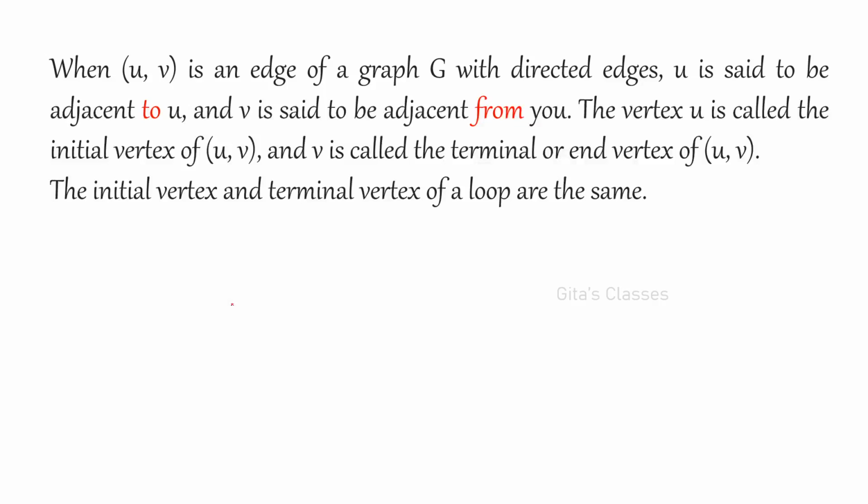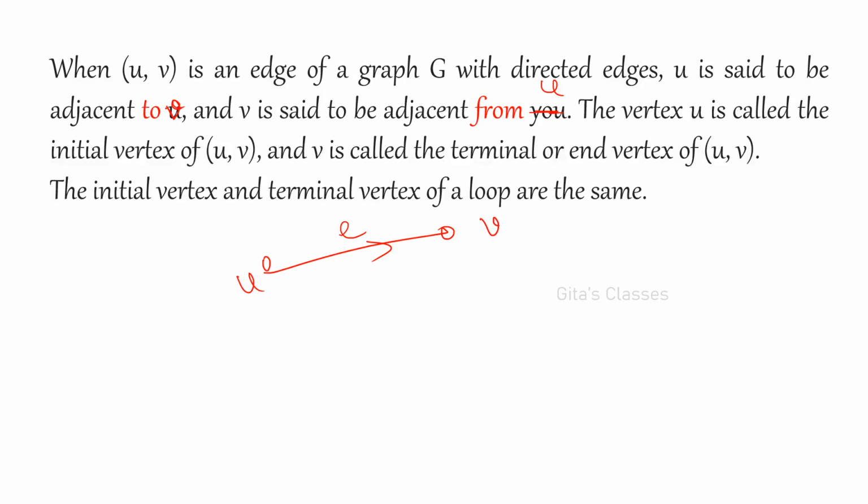Next, if (U, V) is an edge of a graph G, suppose you have an edge from U to V. We say that U is adjacent to V, and V is adjacent from U, if you have direction.